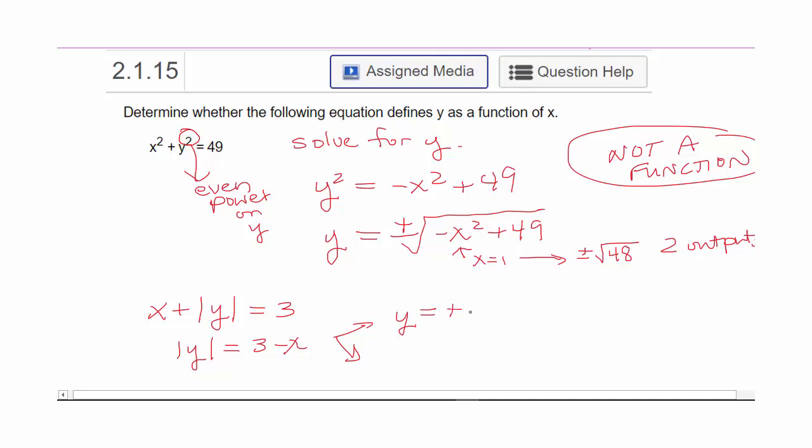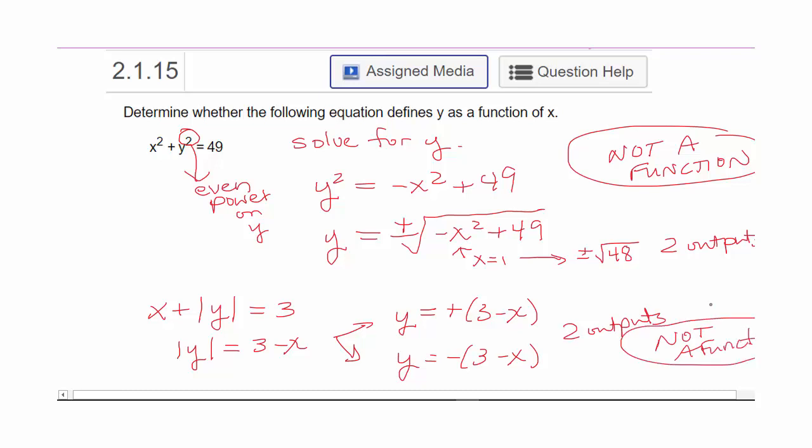Either y is the positive version of 3 minus x, or y is the negative version of 3 minus x. And so two outputs again. So not a function. So those are the things you mostly want to look out for when y is raised to an even power or an absolute value.